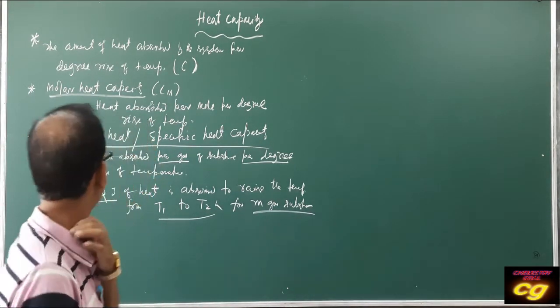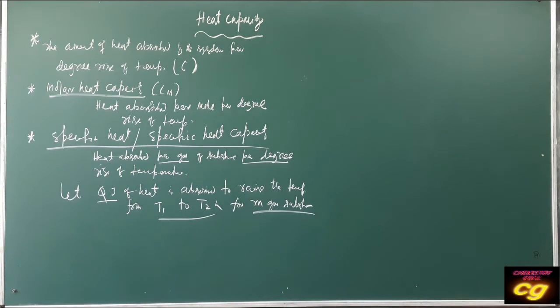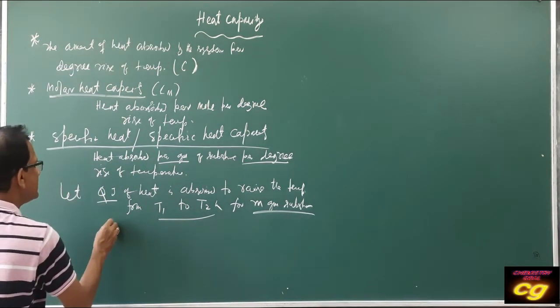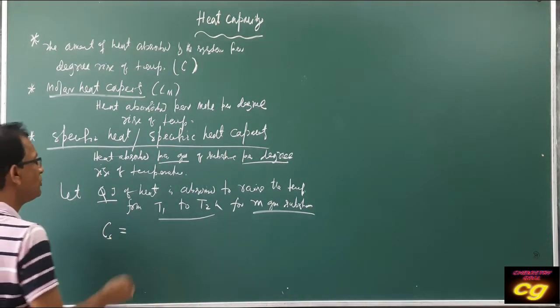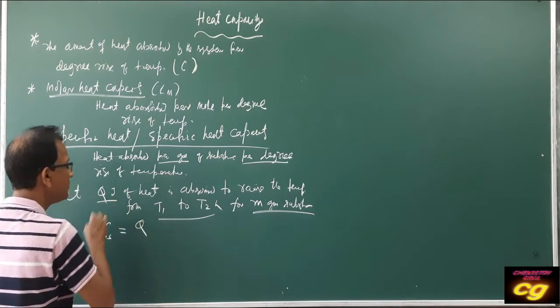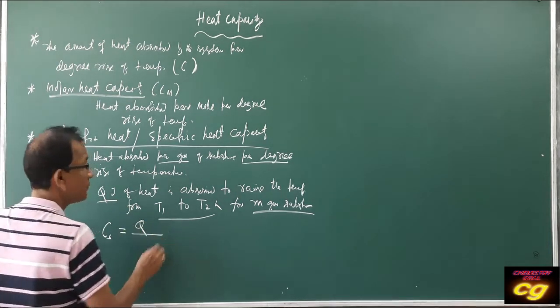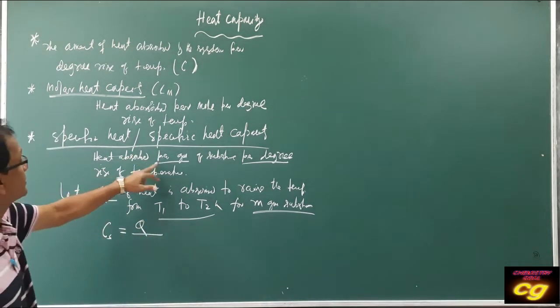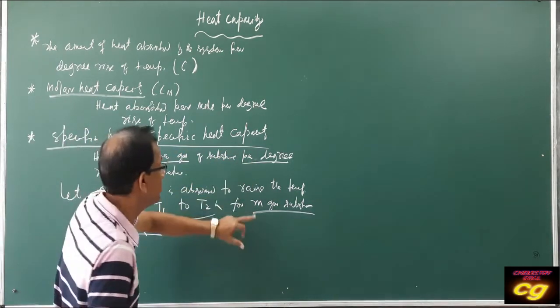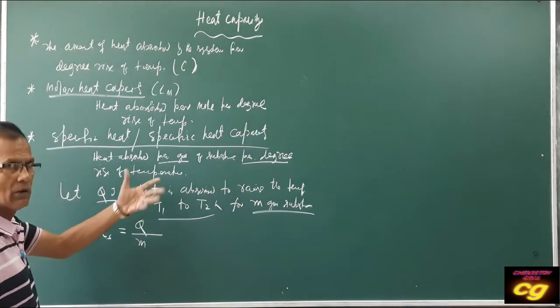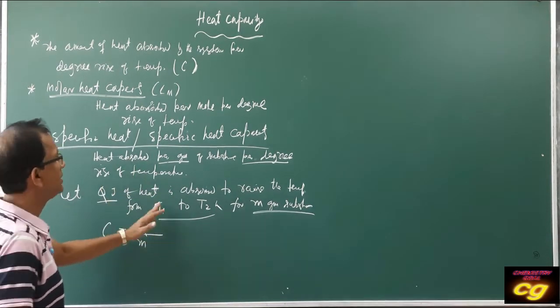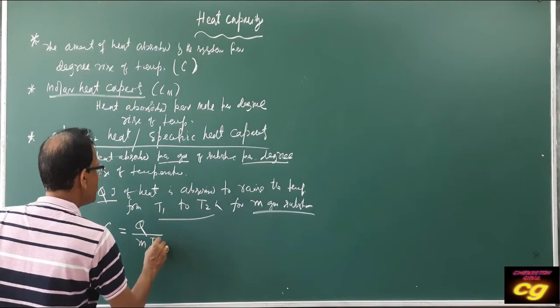So, what is your specific heat capacity? The specific heat capacity is written as Cs. Cs is equal to Q, the amount of heat absorbed, per gram per degree. Here the mass is m gram, so per gram means divided by m. The temperature increase from T1 to T2 means T2 minus T1.